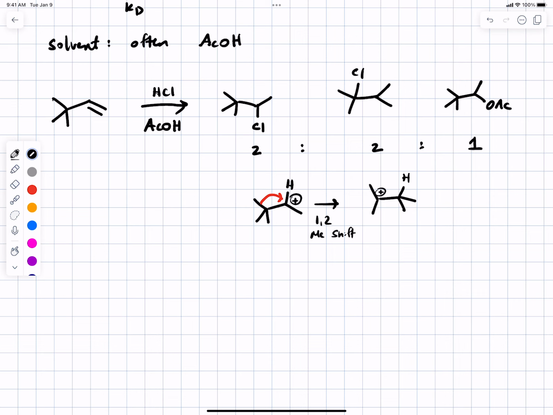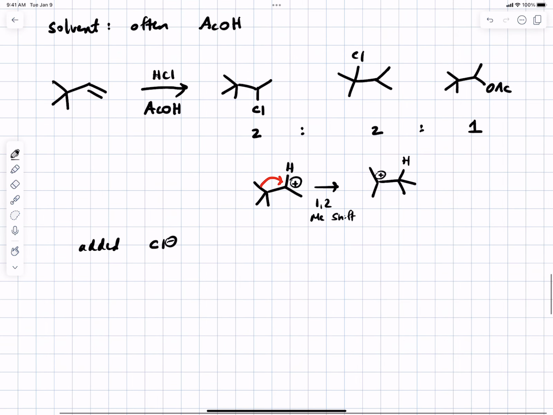one of the first things somebody would suggest, well, actually, you tell me, what should I do if I want to have more chloride than acetate? Throw in a bunch of Cl minus, right? So let's look at the effect of added nucleophile, added Cl minus in whatever form. Or maybe I just need to add more HCl, because of course the Cl minus that comes in and does the attacking comes from HCl.